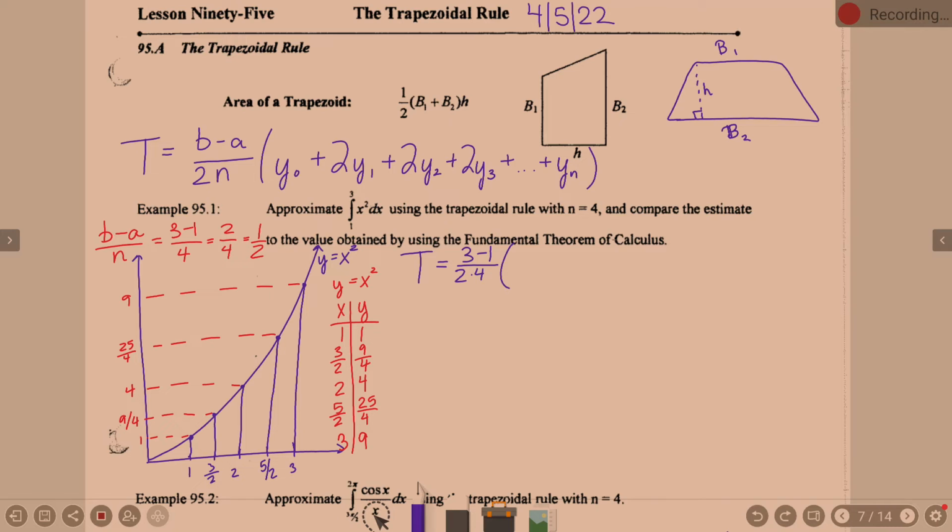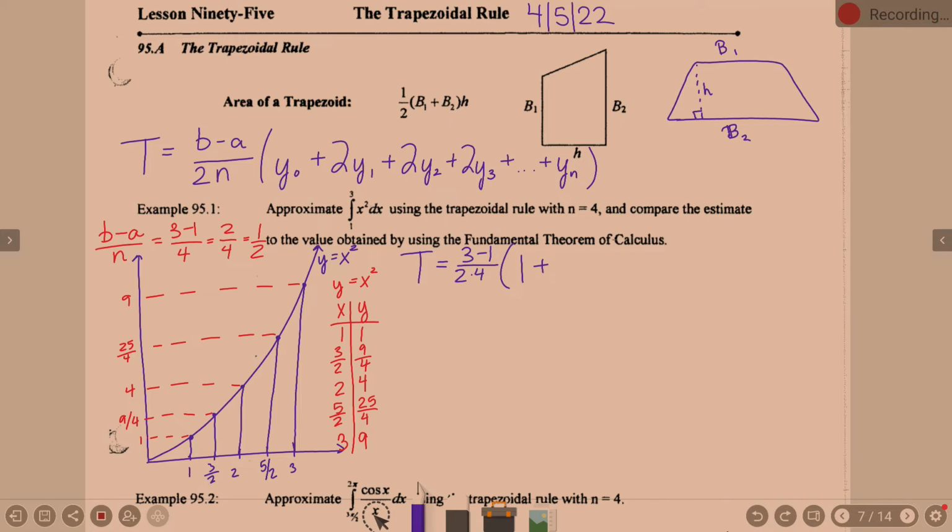Now, what is our first y value? Our first y value was 1, so we're going to have 1 here. Plus, now we're going to do 2 times the next y value. What's my next y value? 9 over 4. And do you see why we're doing 2 of it? Because it is the height of the right side of this trapezoid, and it is the height of the left side of this trapezoid.